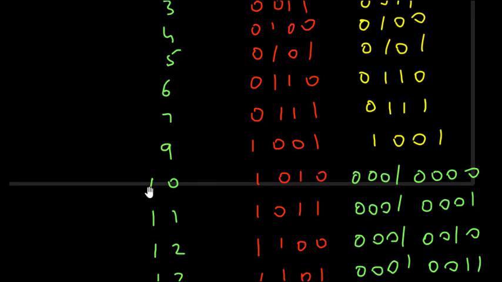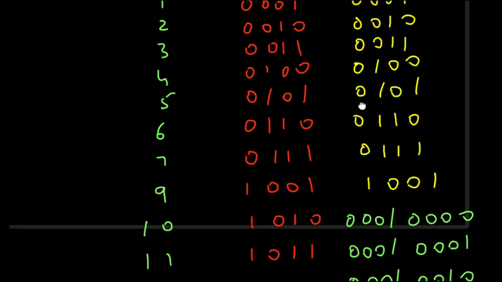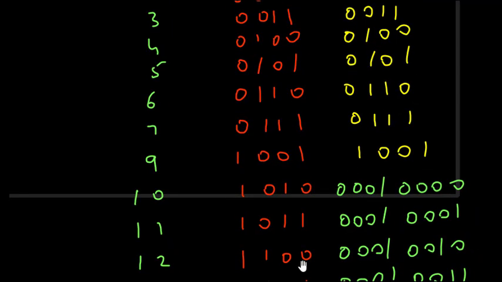But for 10, binary is 1010, while in BCD we represent each decimal digit by 4 bits, so 10 is 0001 0000, and 11 is 0001 0001.